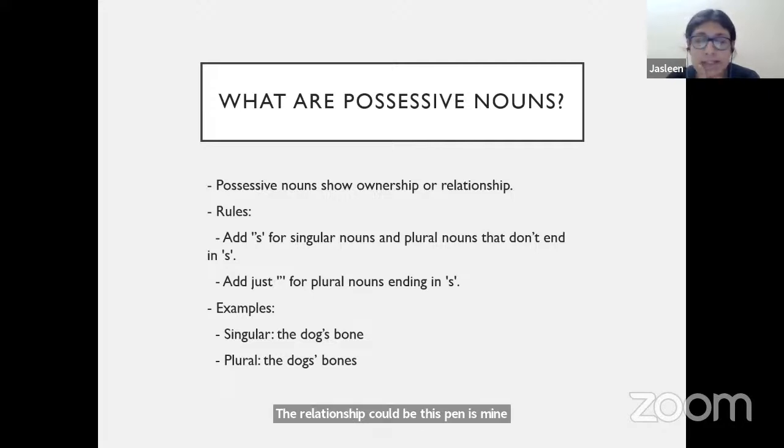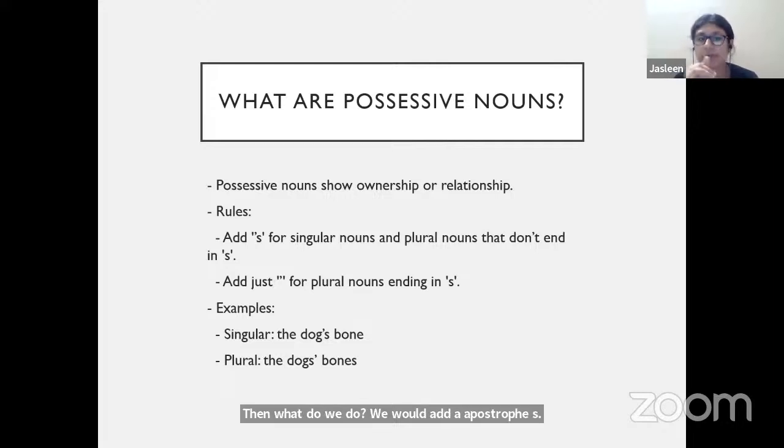Okay, this is my mom. This is a relationship. So I have used the possessive word my. But when we have to change a noun into a possessive noun, what do we do? We simply add an apostrophe s to the noun.